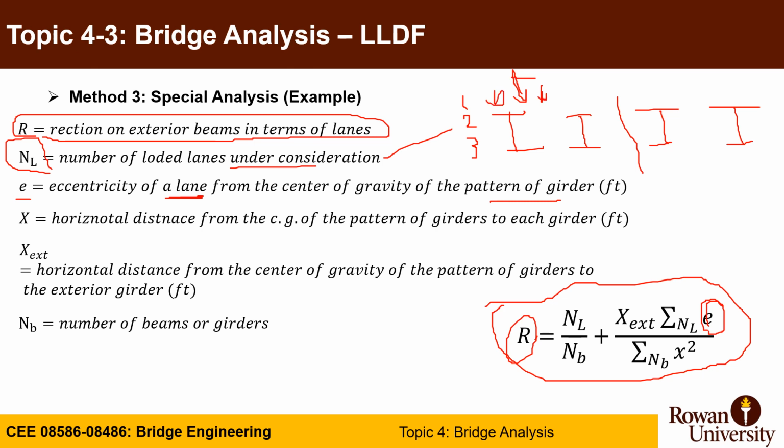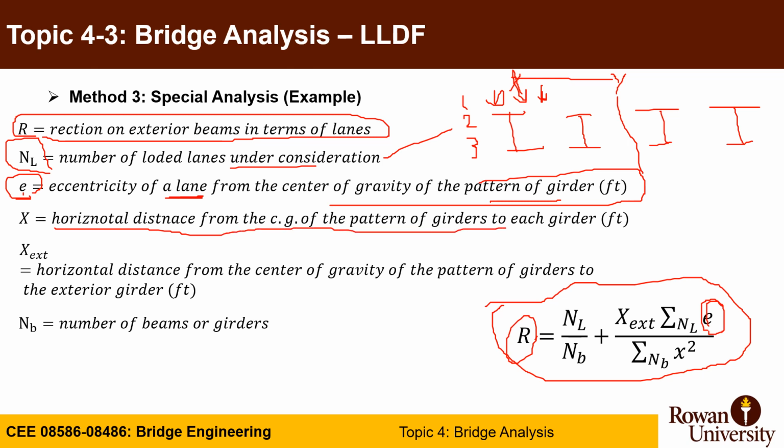So the distance between the resultant to the centroid of the system of the girders, or the pattern of girders, is called e, eccentricity. X is the horizontal distance from the CG of the pattern of girders to each girder. So the distance here is X. This is X1, this is X2, etc.